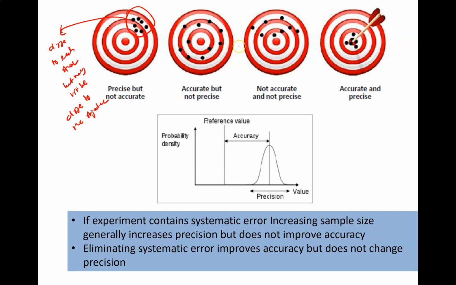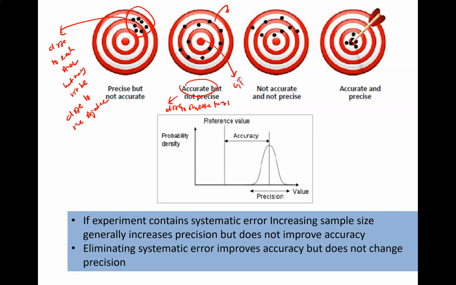Accurate means that your result is close to the ground truth, close to the objective that you want. For this case, it is close to the center here. This is the goal here, the ground truth.